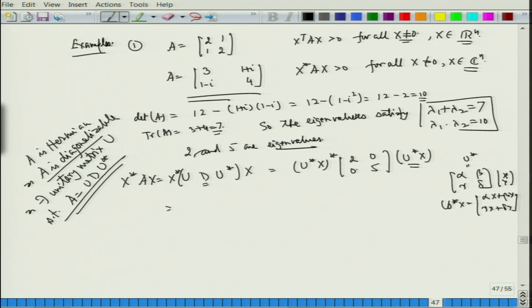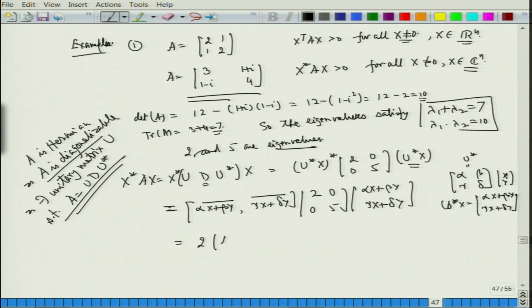So I would like you to see that x star Ax is nothing but 2 times the absolute value of alpha x plus beta y whole square plus 5 times the absolute value of gamma x plus delta y whole square, all right. So you can see that this is positive for every choice of x and y and is 0 only when x and y are 0.